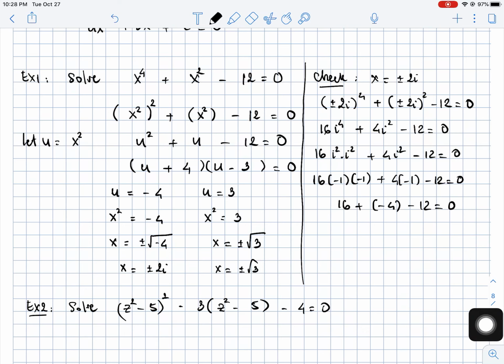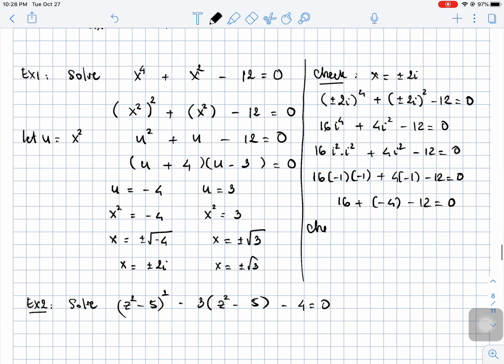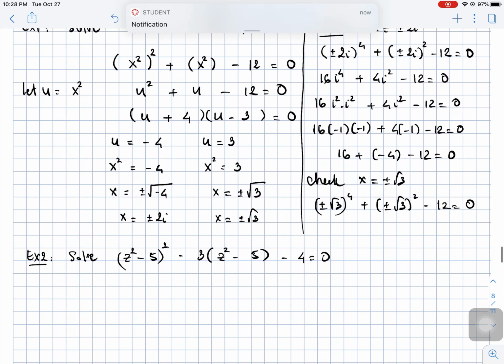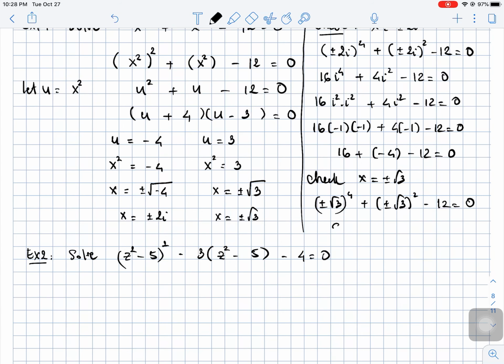So i to the fourth means i squared times i squared. The reason why I break it up is because i squared is negative 1. Then we will plug in negative 1 for the i squared. So we get positive 16 plus negative 4 minus 12, and we get 0, and that gives us a true statement.